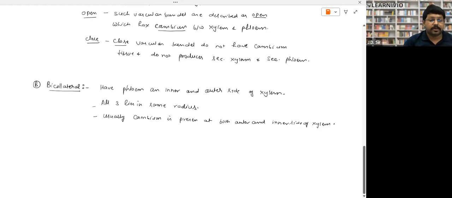You must have seen a 1 or 2 or 3 kilogram plant of pumpkin, but the pumpkin is of 25 or 30 kilogram. It may be up to 50 kilogram, right? So the fruit is so big and the plant is so small. How did it become possible? Because they have bicollateral bundles. They are found in Cucurbita, pumpkin.